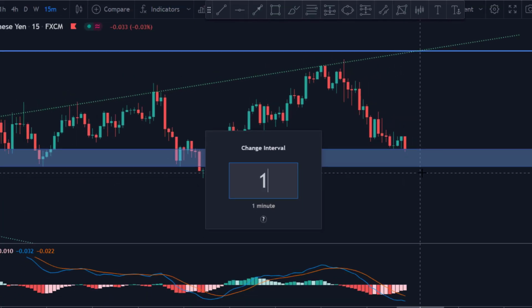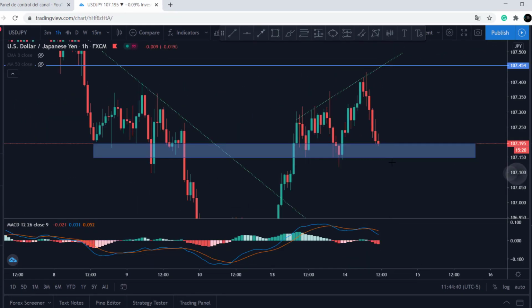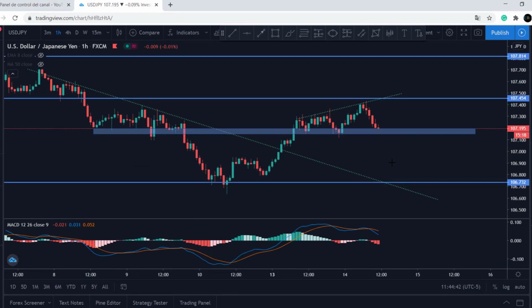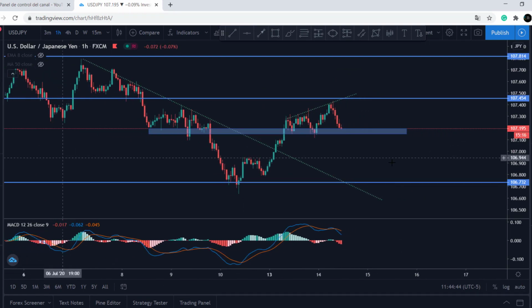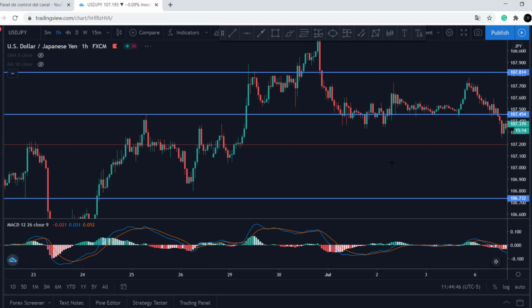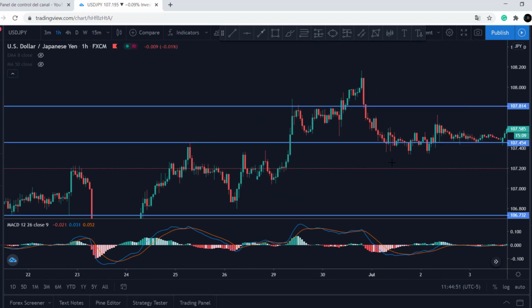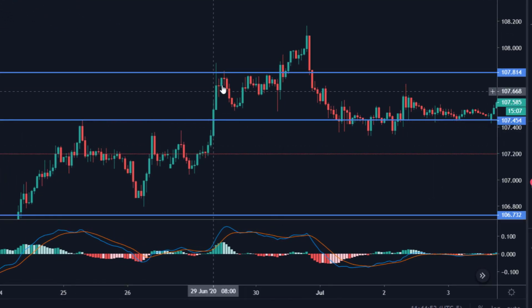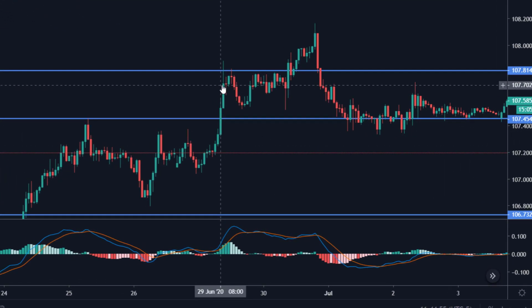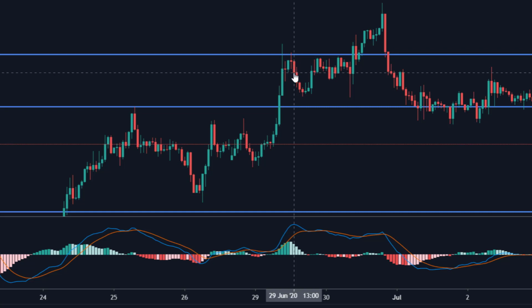So I'm going to sum up everything. So let's use this MACD in another situation like here. Alright, let's see. Here we have another good signal. This was a shooting star, bearish engulfing candle.